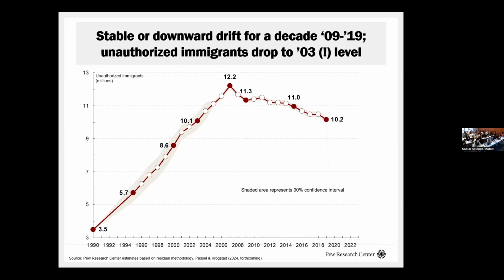Then things settled down. Over the next decade, 2009 to 2019, the numbers slowly drifted down, dropping by about 1 million over a decade. And yet it was a major political concern during this time, but the numbers kept shrinking.